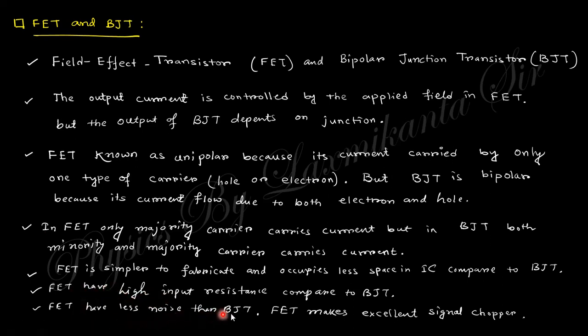FET also has less noise compared to BJT, and FET makes an excellent signal chopper. That means if you need to chop a signal, you can use the FET. So this is the basic difference between the FET and BJT, and the advantage of FET over the BJT.